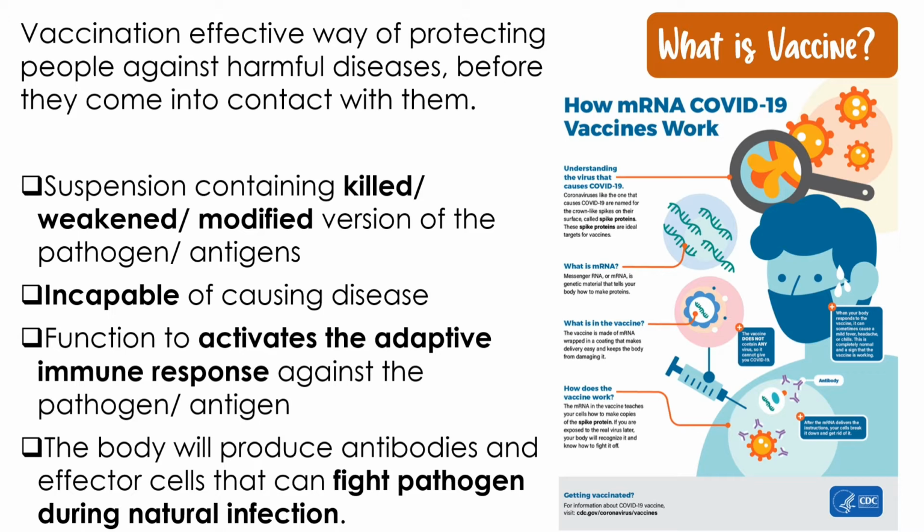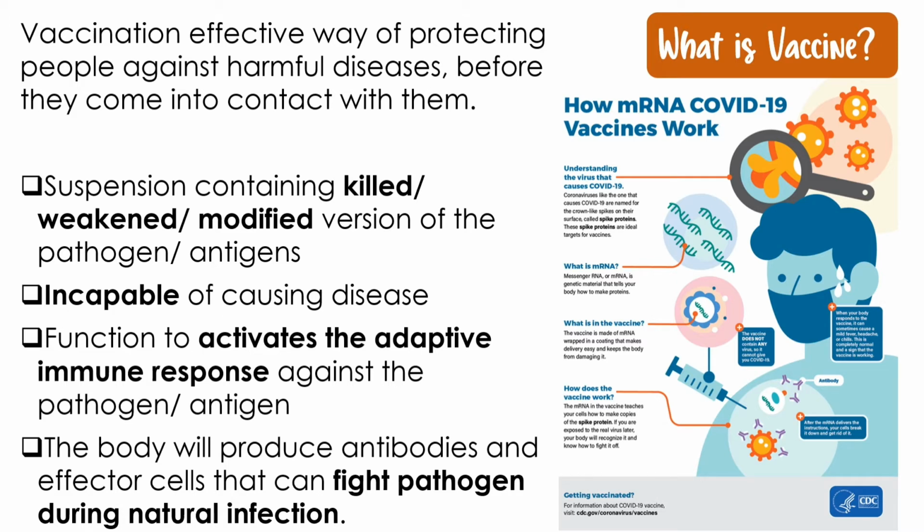As a result, the body will produce antibodies and effector cells that can fight the pathogen should the natural infection take place in the future. This shows that vaccination is an effective way of protecting people against harmful diseases before they come into contact with the diseases themselves.